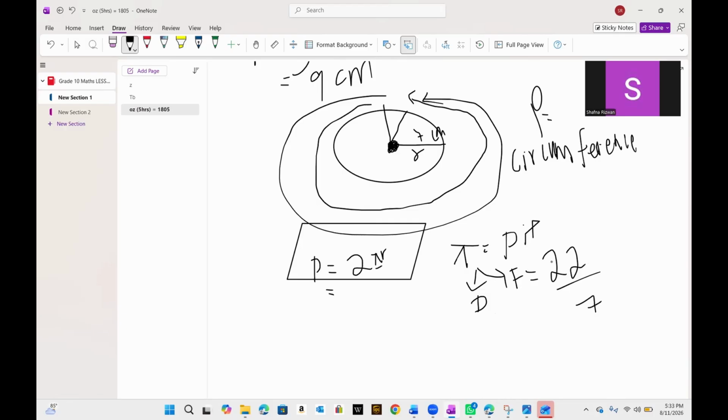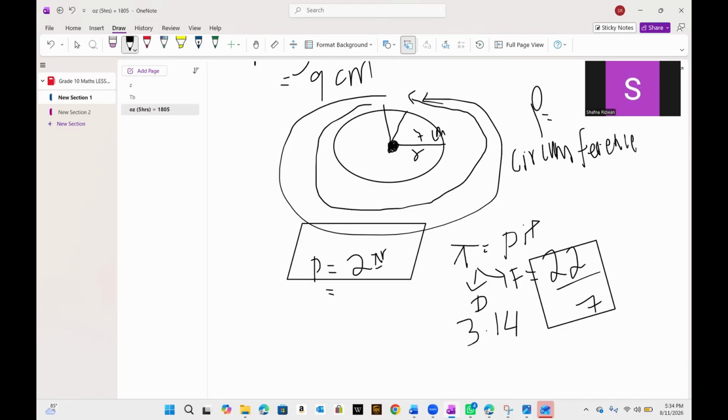If they say use this, but very rarely they will give you this value, which is 3.14. Okay, did you understand? Mostly they will give pi equals 22 over 7. So when you are using this pi to find the value, use 22 over 7.